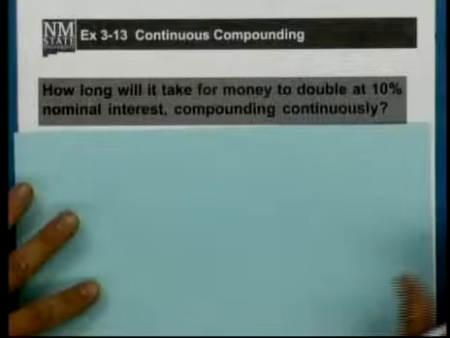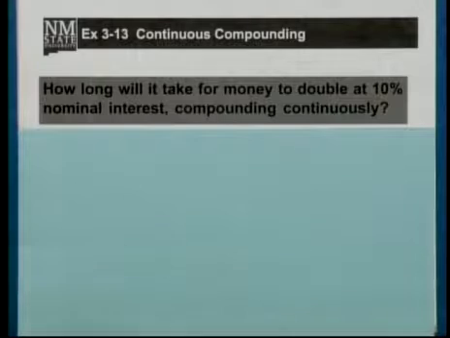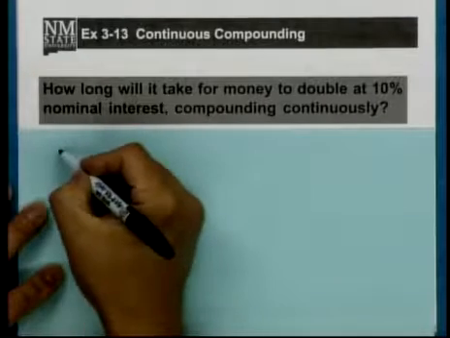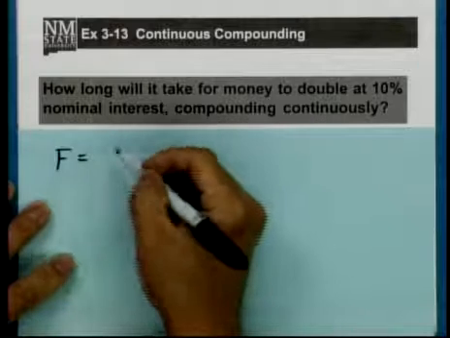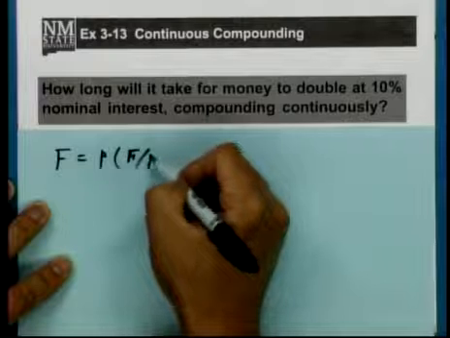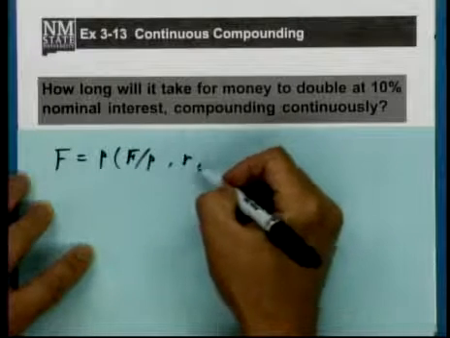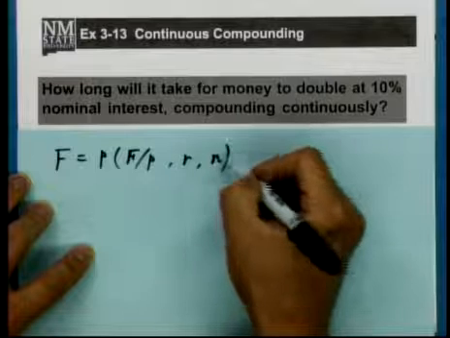So the formula for the single payment compound amount would be F equals P times F given P at R% over N, right?